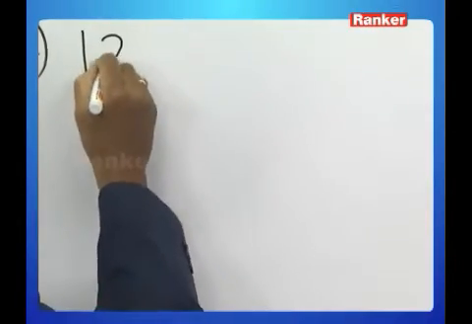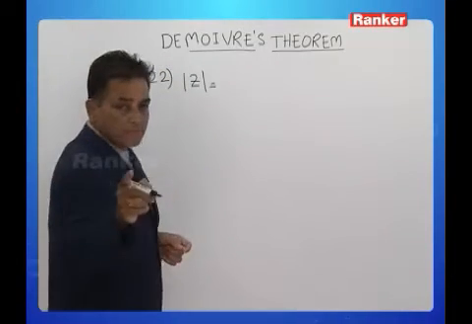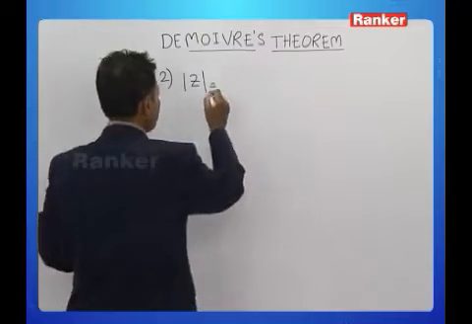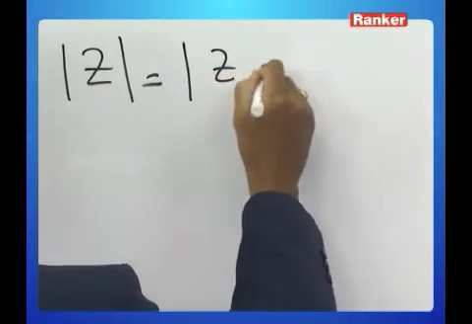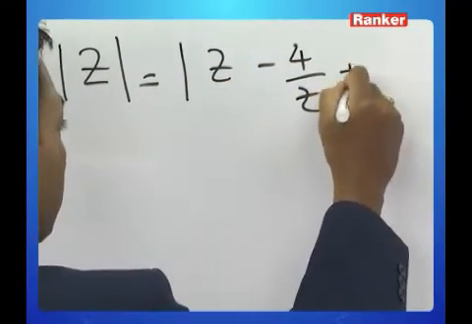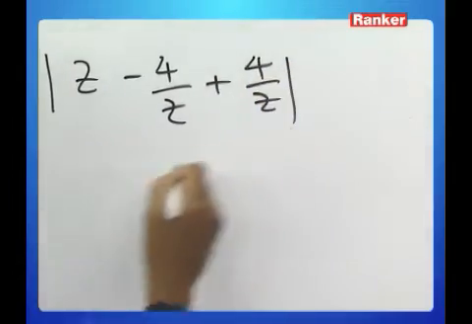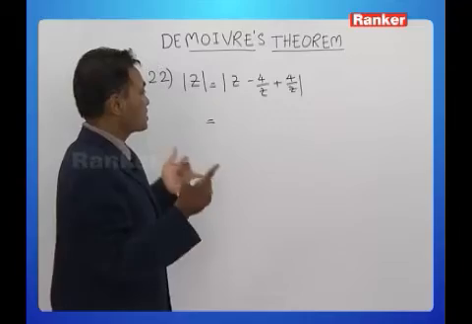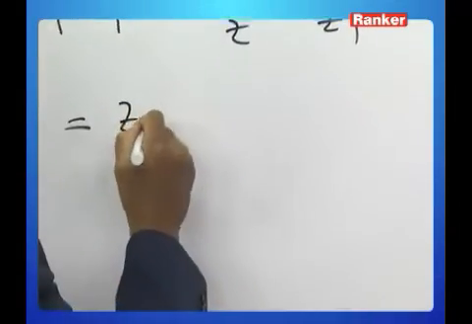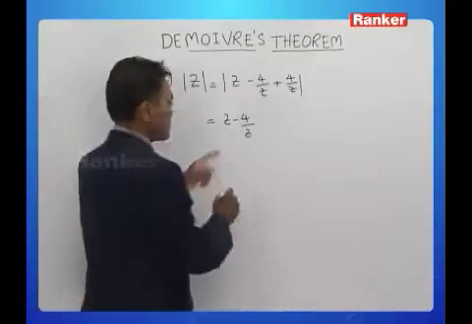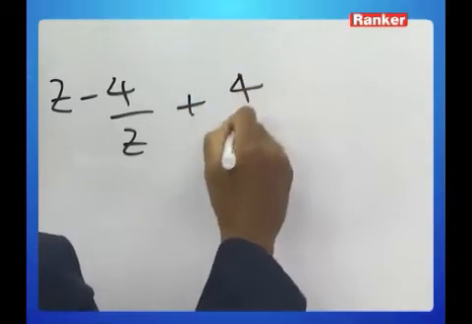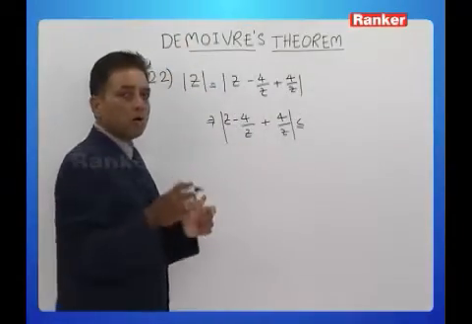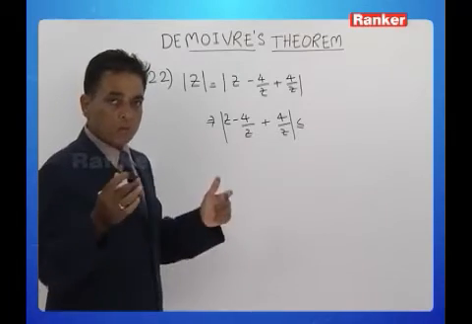Now we want mod z, but it is given modulus of z minus 4 by z is 2. So we have to make use of that. So I will write z is equal to z minus 4 by z and again plus 4 by z. Can we write like this? Yes. Now this can be written as z1 plus z2. If you consider this is z1 and this is z2, mod of z1 plus z2 is less than or equal to mod z1 plus mod z2, polygon law.